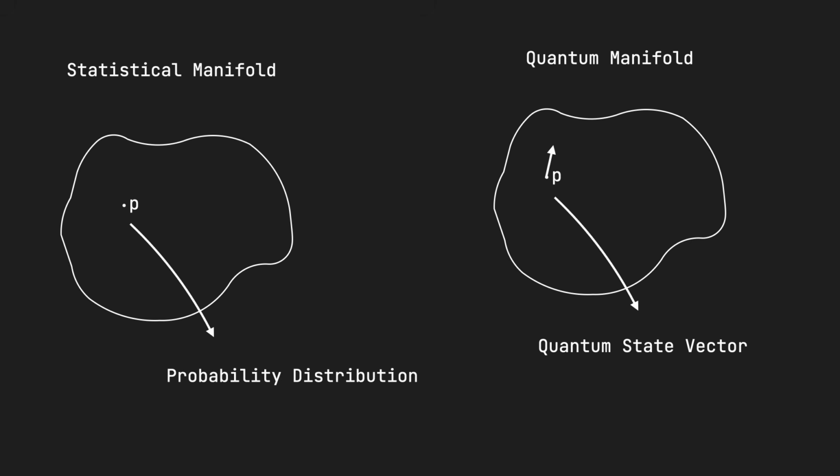But in a quantum manifold, the point P is a quantum state vector. In the statistical world, as we're training, we are tracing an arc, a path, going from P to Q, from random initialization to some final state of our parameters in training.